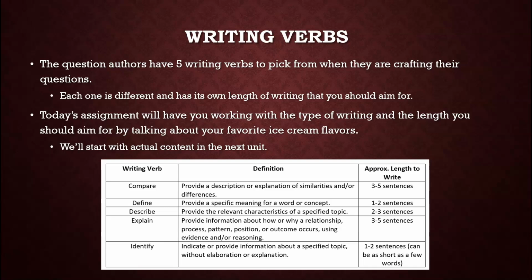Explain, right? This is another one where we're looking for depth. So we want to really see you dig into things a little bit more. And so you're going to provide information about how or why a relationship, pattern, position, or outcome occurs using evidence and or reasoning. So how and why something happens, but you've got to make sure that you're talking about the why and the outcome.